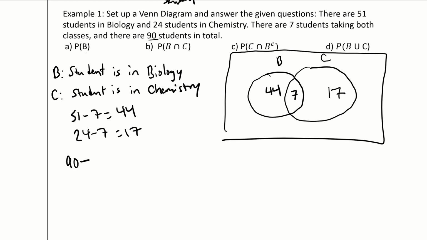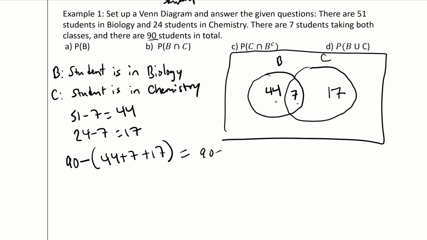So 90 take away, and then we're going to add up these numbers here. So we know this is 44 and 7, that's 51. So let me just take the sum of these numbers. Okay, so 90 minus 44 plus 7 plus 17. If I add these, that's 51 plus 17, that's 68.